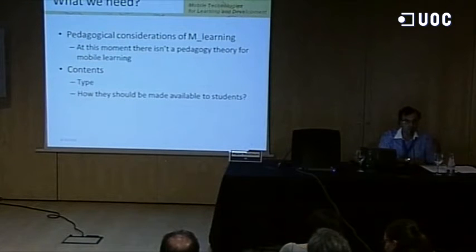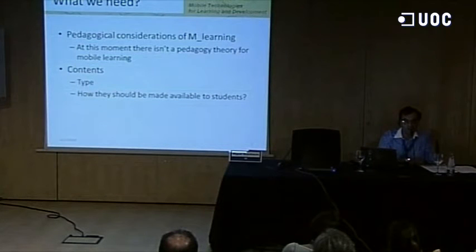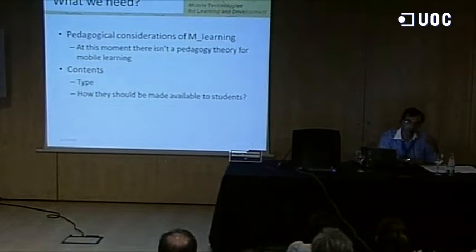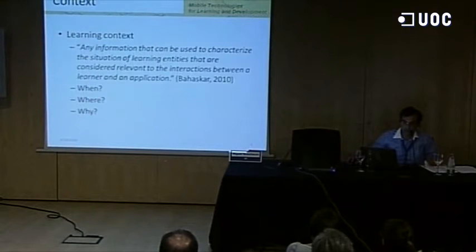The main problem is here, because it's necessary to identify precisely the learning context where students are: if students are in school, out of school, traveling between home and school, in a public place, etc. So for this consideration, we need to understand what the learning context is.